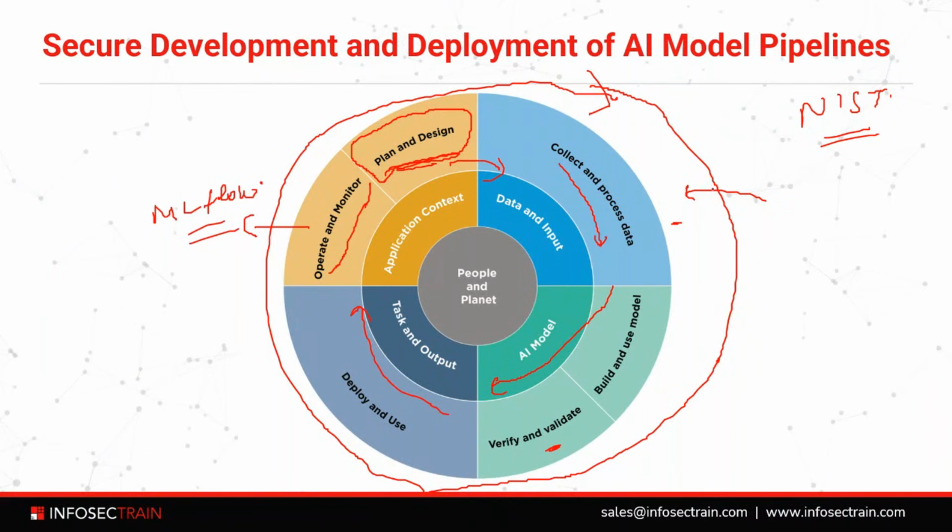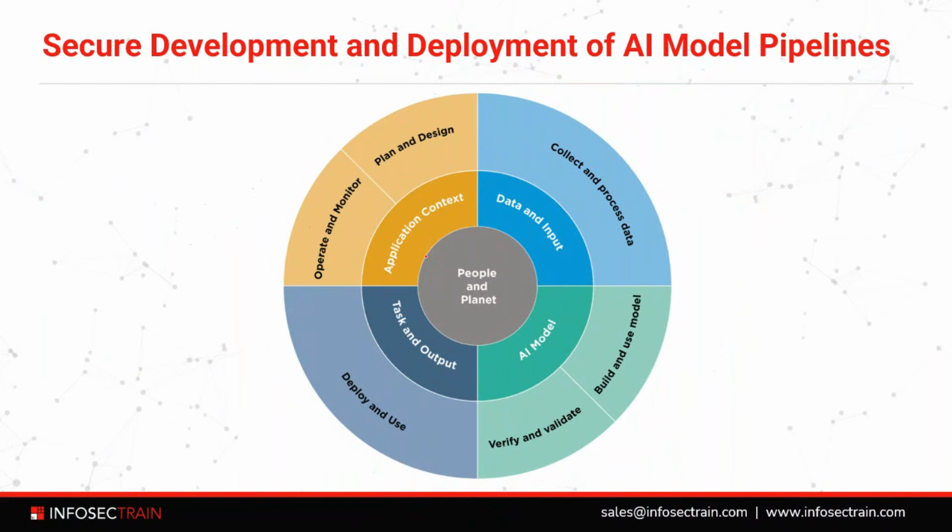But the thing is, in each phase over here, be it the development part, be it our data collection, data processing, training the model, testing the model, validating it, like verifying the accuracy, all these things. And when you're deploying it, we should do the secure deployment, right? And secure deployment will happen by monitoring using tools like MLflow.